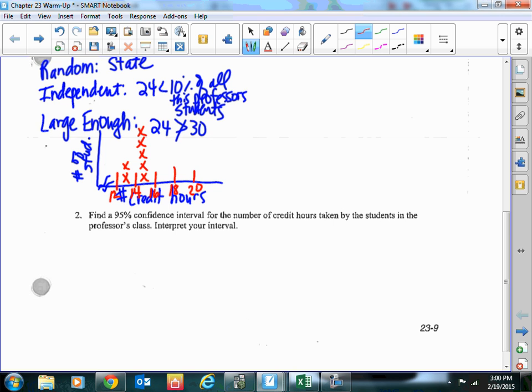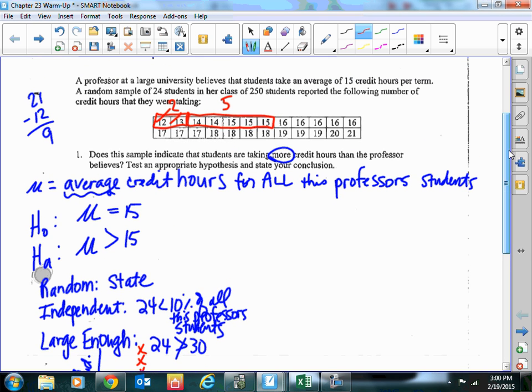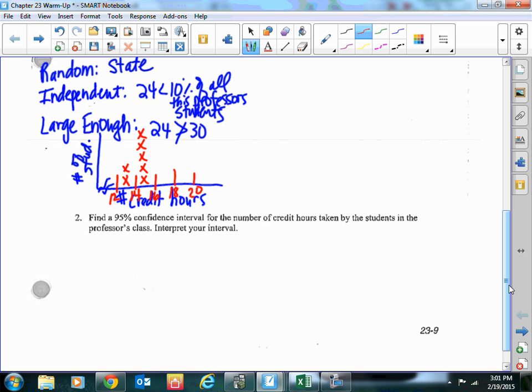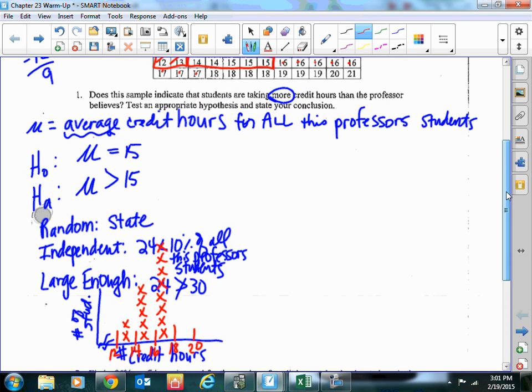Okay, let's see how many I have from 16 to 18. Whoa, I've got 1, 2, 3, 4, 5, 6, 7, 8. I've got 8. Kind of bad that I'm having to go over my picture, but well. So there's 8.